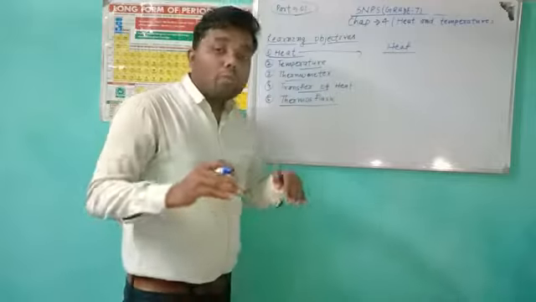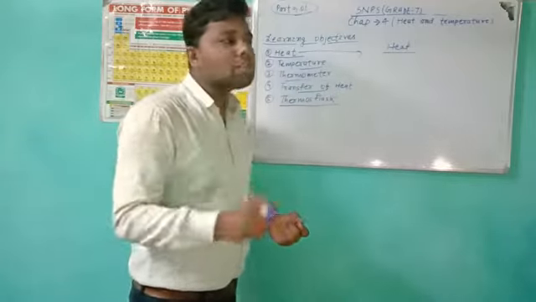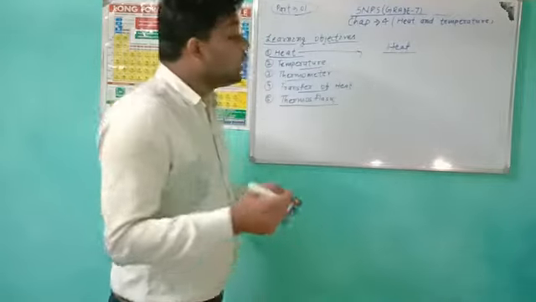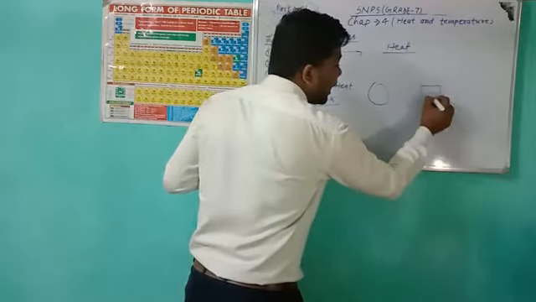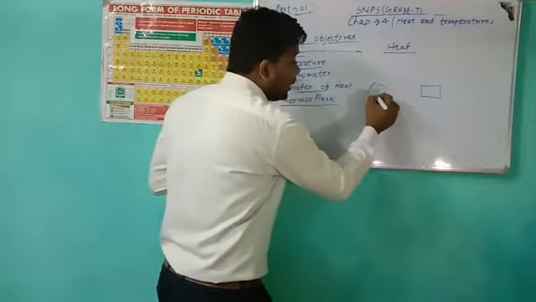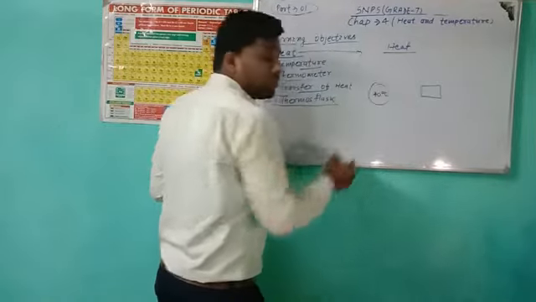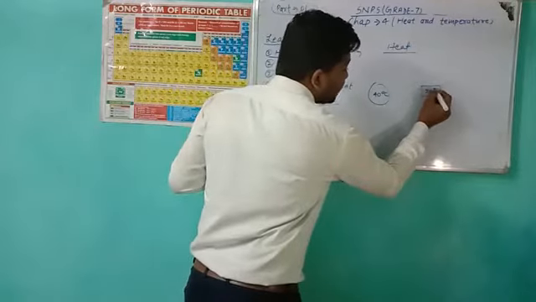And how do we feel that something is very hot and something is very cold? Here I am giving you an example: this is one object and this is another object. The temperature of one object is 40 degrees Celsius and another object is 70 degrees Celsius.